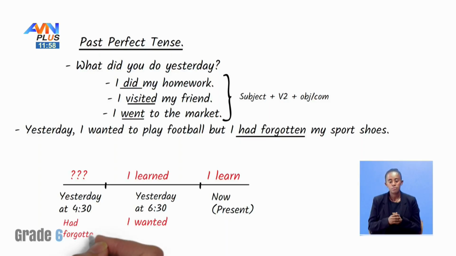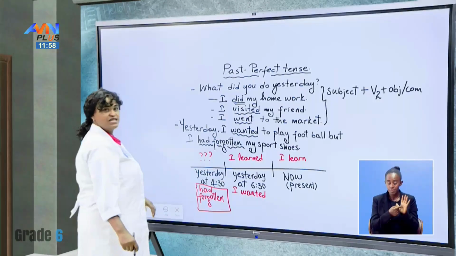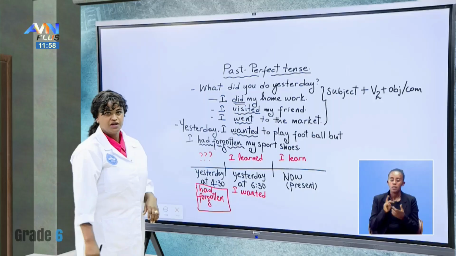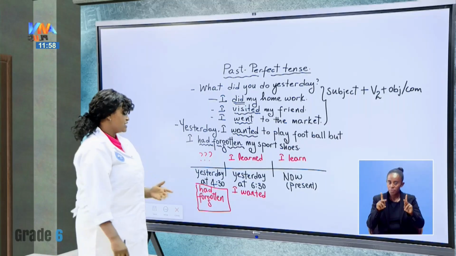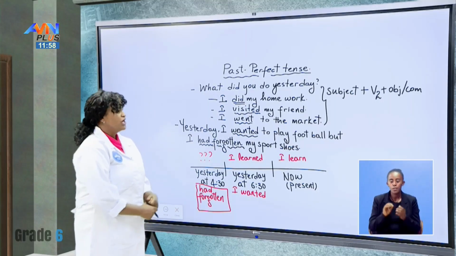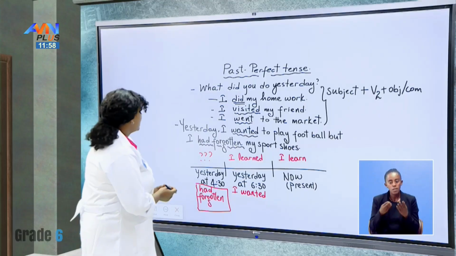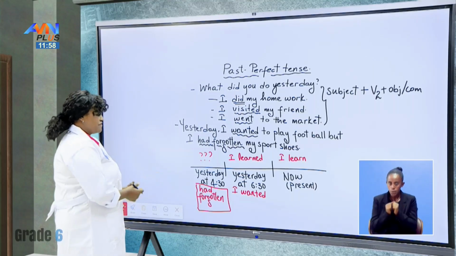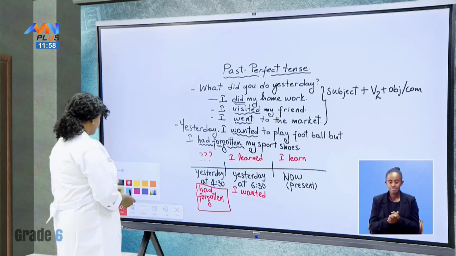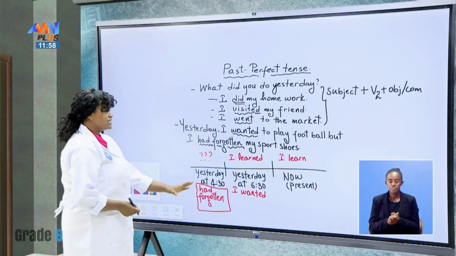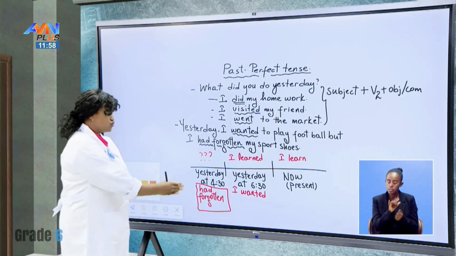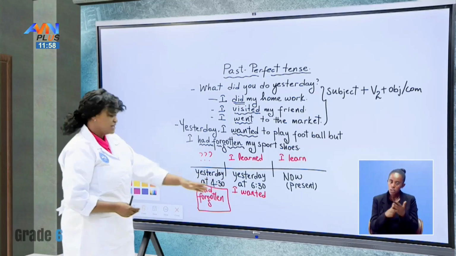So this is what? Past perfect. Okay? Past perfect. So let me give you more sentences with past perfect. Okay? I don't want to cancel this because I want you to see and to follow this time. All right? Okay, look.